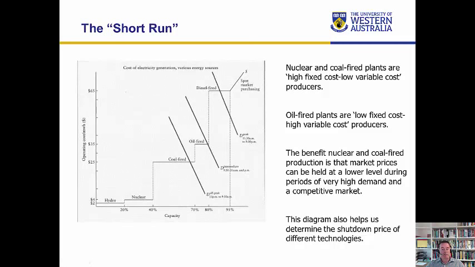So this gives you a real sense of what happens when demand changes. As demand increases from off-peak to intermediate to peak, we've got to go to more and more expensive generation technologies. And because we've got to start firing up oil-fired and then diesel-fired capacity, the market price needs to rise to reflect those high production costs.